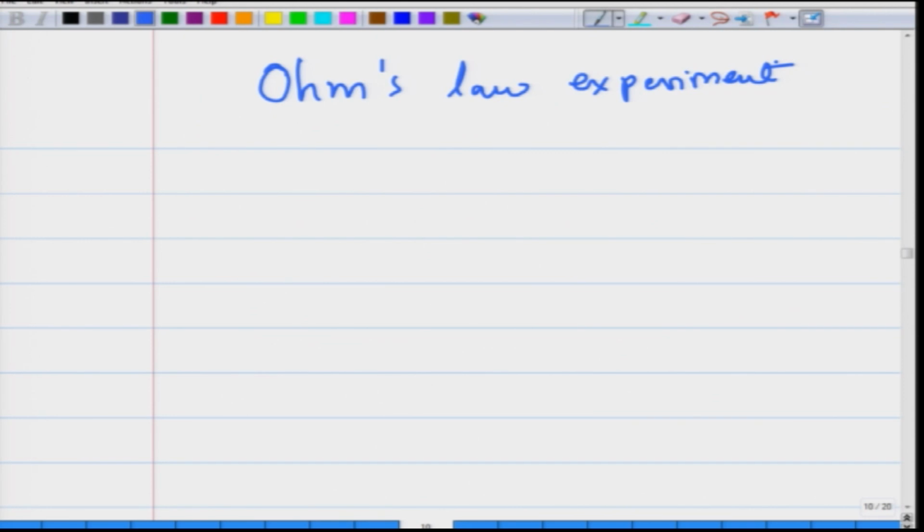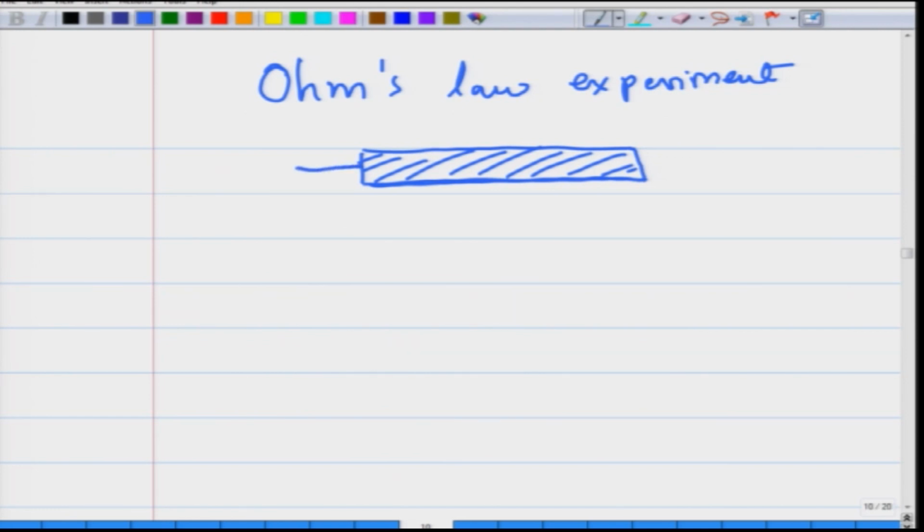What was the Ohm's law experiment? The Ohm's law experiment was quite simple. Say you take a piece of metal, it could be a piece of copper or silver, aluminum, whatever.